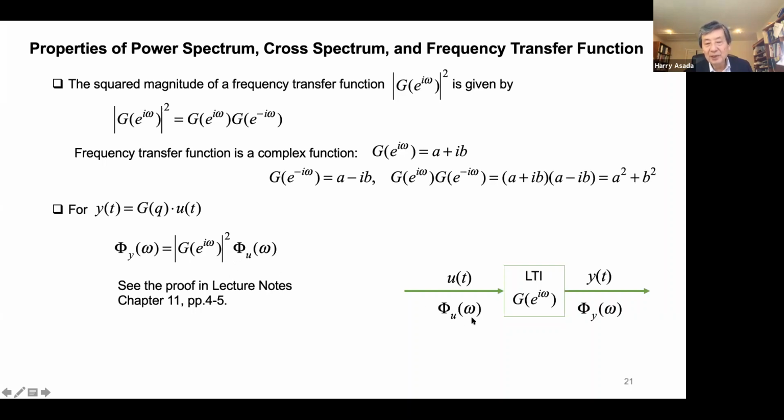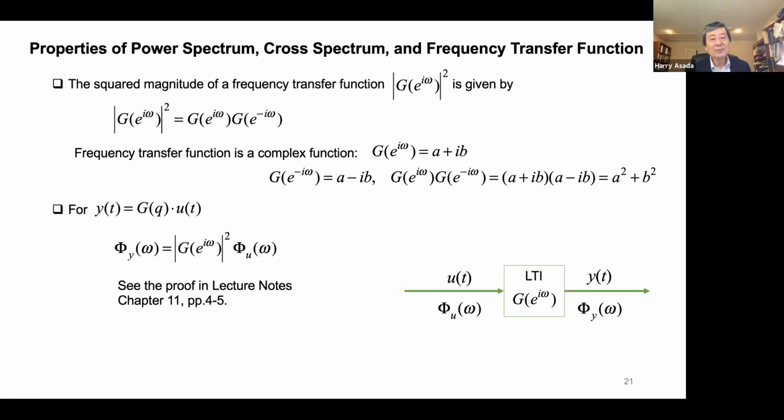So the output power spectrum is given by the input spectrum times the squared magnitude of the frequency transfer function.